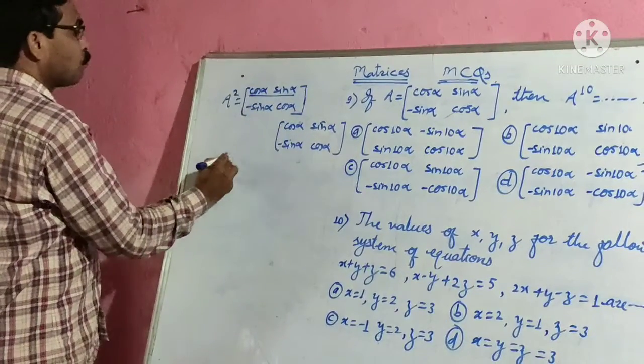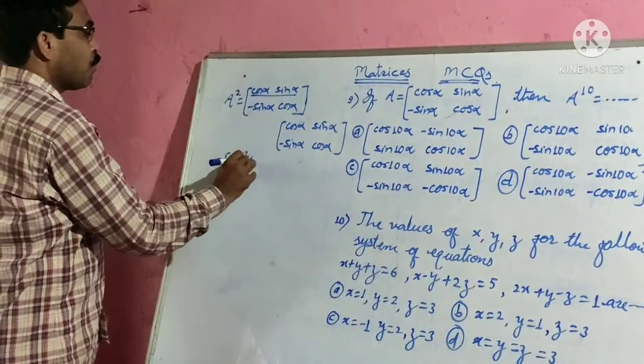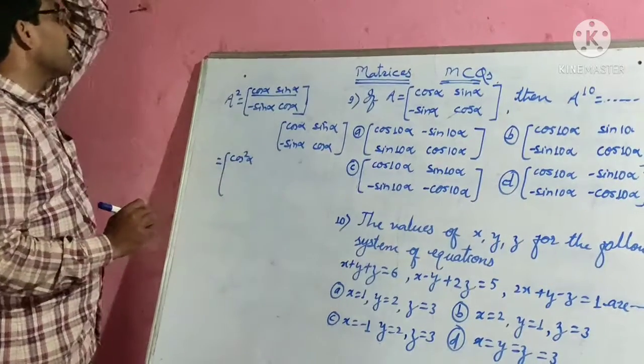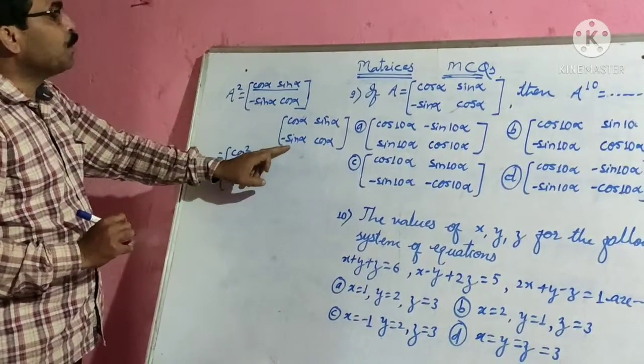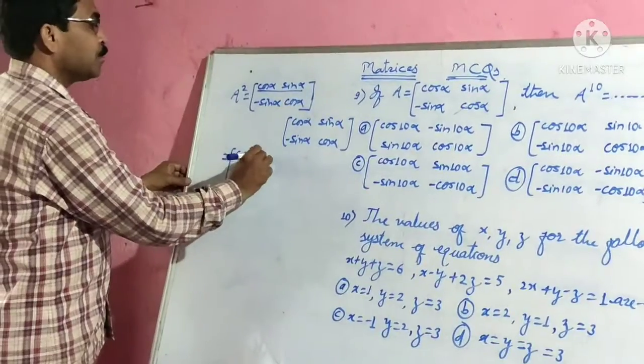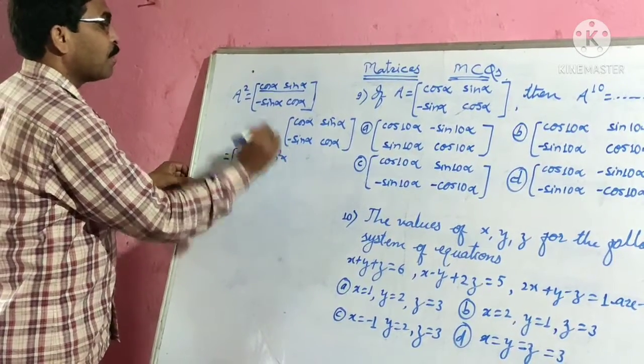Cos of alpha into cos of alpha, cos square of alpha, plus sin of alpha into minus sin of alpha, that is minus sin square of alpha.